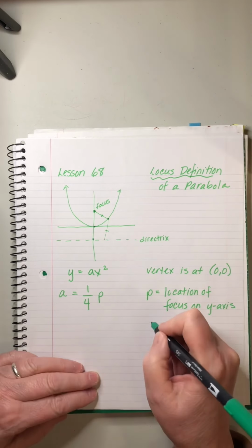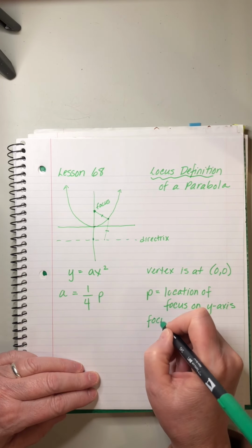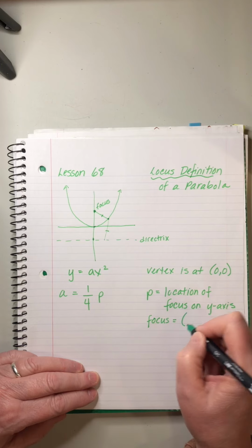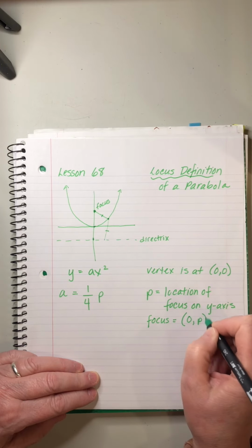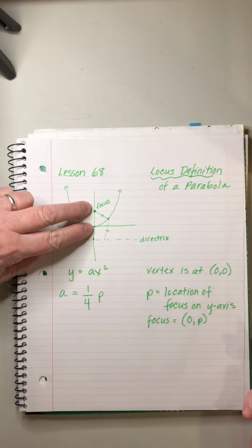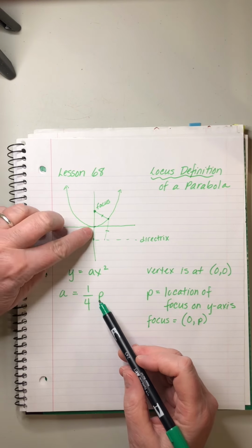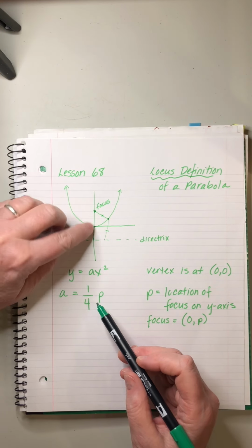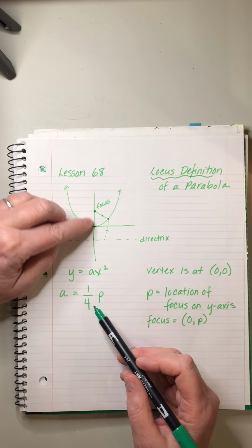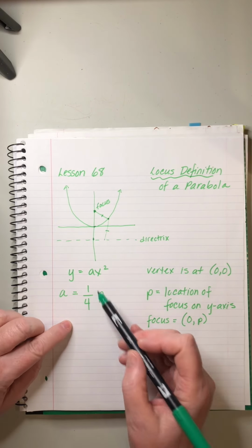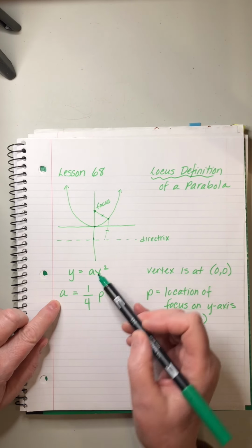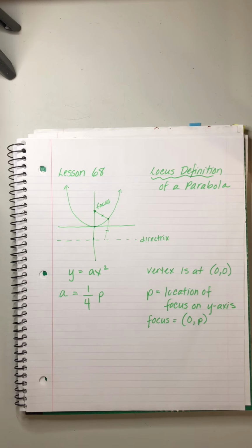So another way of saying this is that the focus equals (0, p). Okay, so that's how we find that value for p, and that distance from the vertex to the focus, put in a fraction, gives the coefficient in the equation.